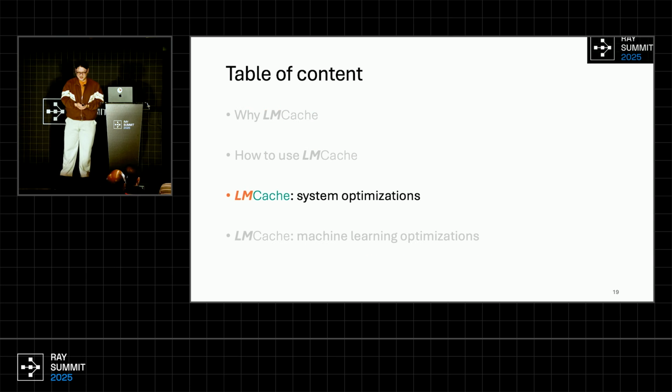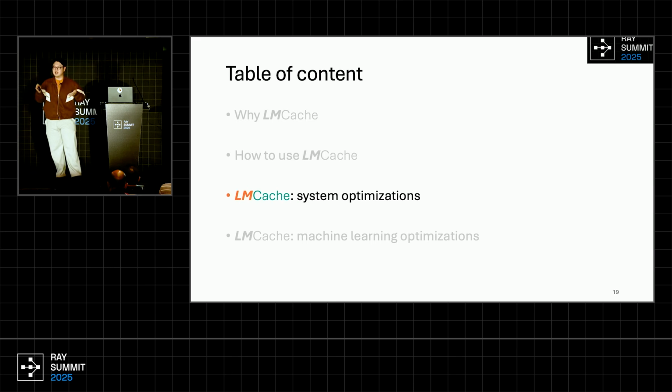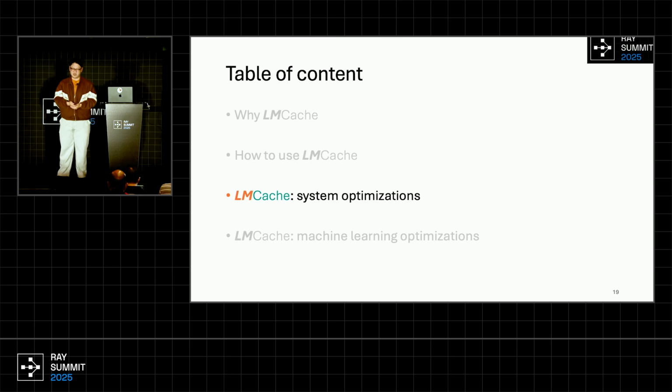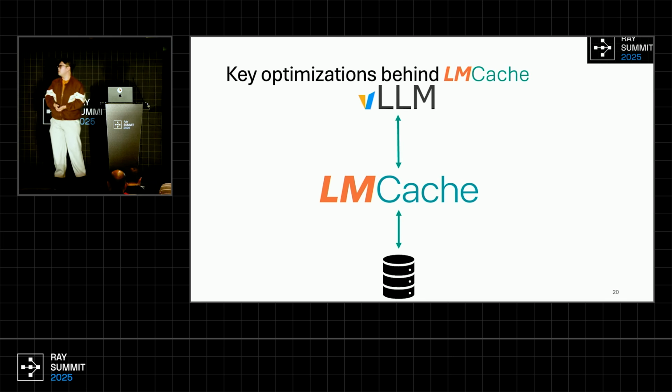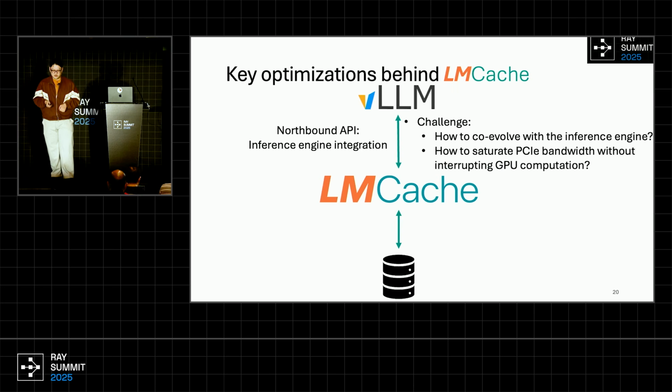Okay, so let's dive into the system optimizations of LMCache, like what makes LMCache such a performant open source project. Imagine that LMCache serves as a bridge between the inference engine and storage. There will be a northbound API to the inference engine, and a southbound API to the storage. For the northbound API, the challenge is twofold.